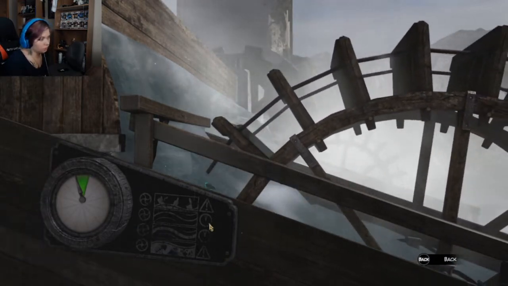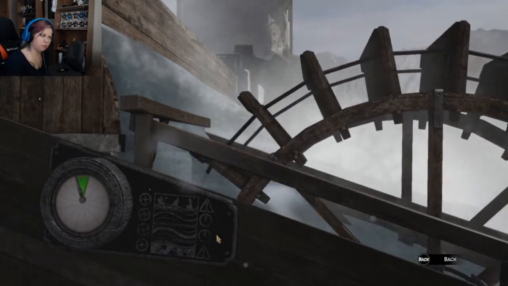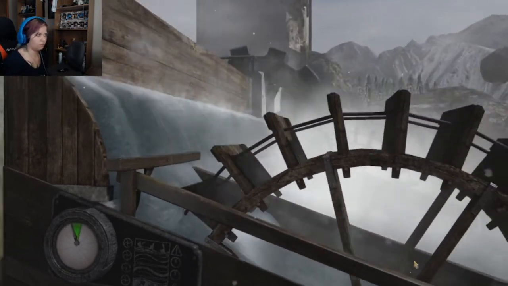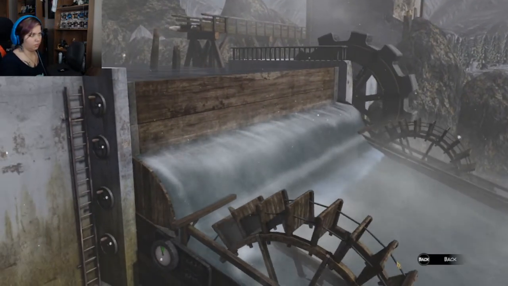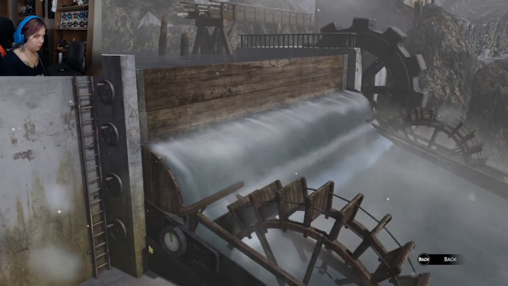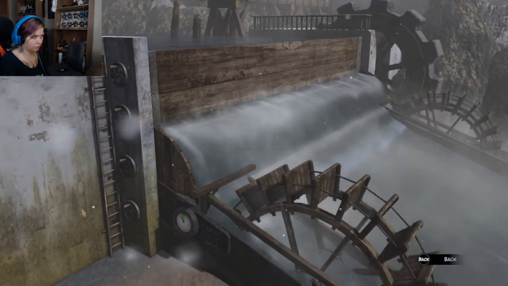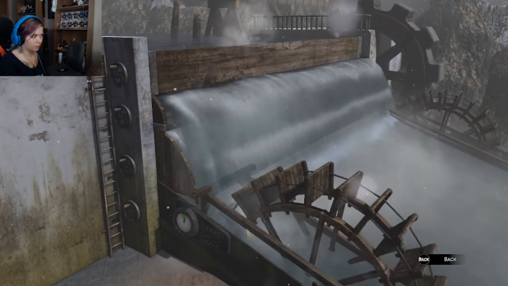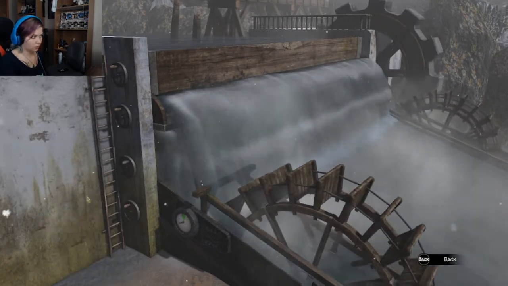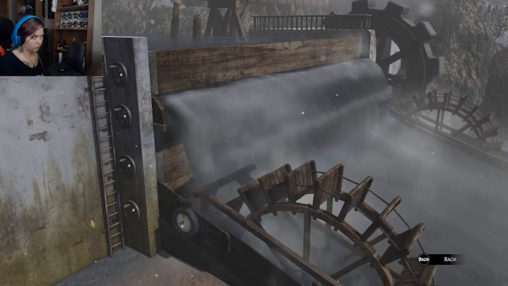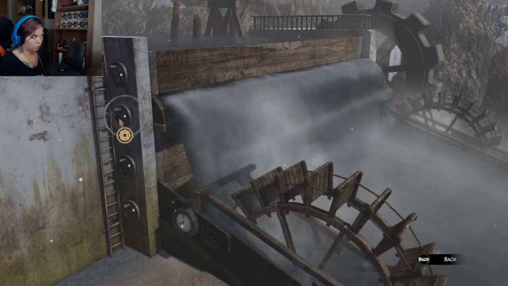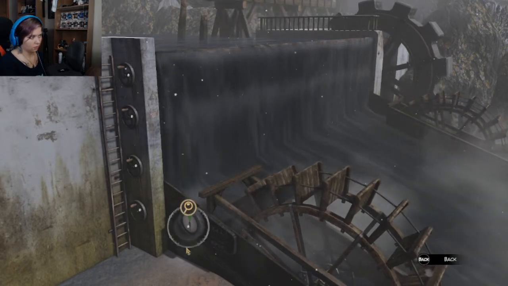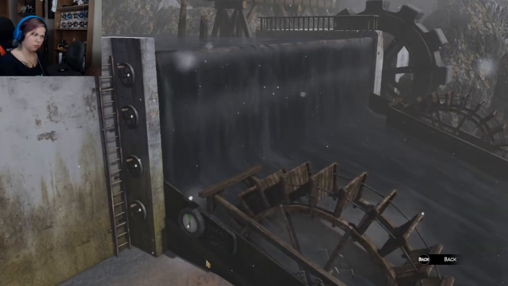So the middle two... I think I have the middle two open, don't I? I know the bottom's open. I'm really confused.